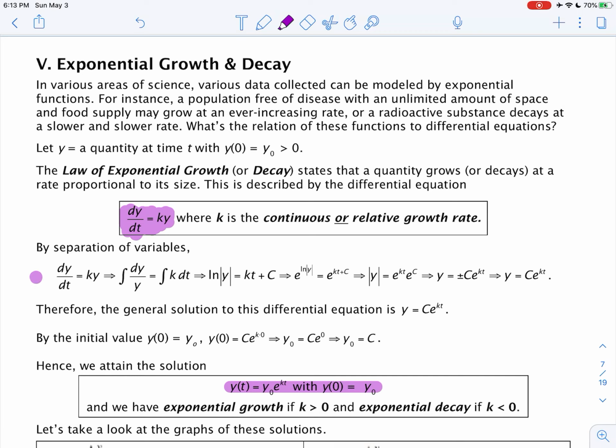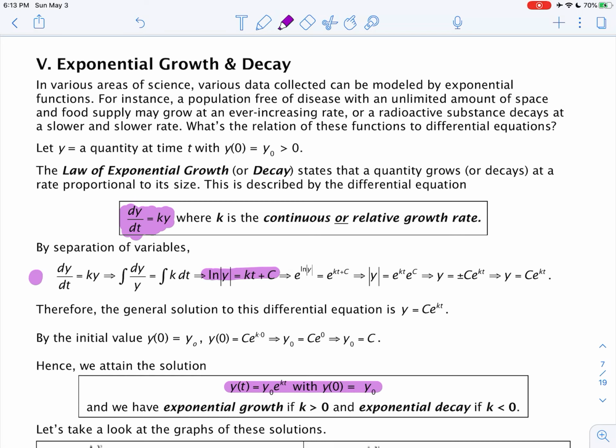So in looking at the solution to the differential equation, we go ahead and separate our variables. We take the antiderivative of both sides, getting to the equation of ln of y equal to kt plus c. We then exponentiate both sides so that we solve for y. And then we use our exponent rules to separate e to the kt plus c to make it e to the kt times e to the c.